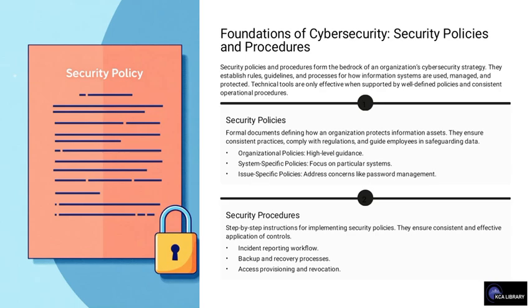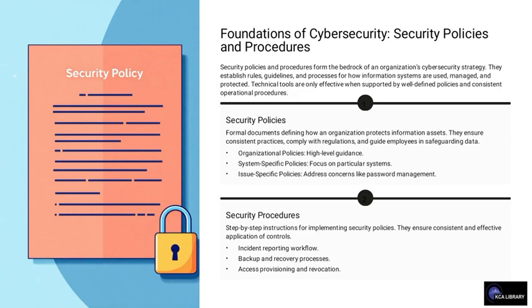When we talk about security policies, they are the formal documents that define how an organization protects information assets, and they ensure consistent practice, compliance with regulations, and guiding of employees in safeguarding data. We have organizational policy, system-specific policy, which focuses on a particular system, and issue-specific policy that addresses concerns like password management.